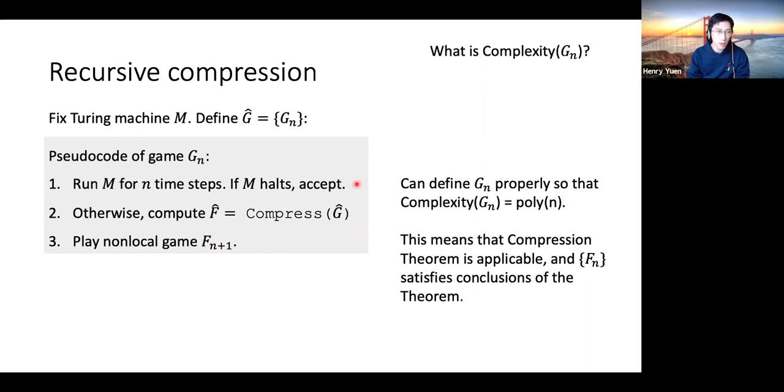Let's say we have an automatic abort switch at n to the 10 steps, for example. That's overkill, but when we define it that way, we know for sure each of the GNs does terminate in n to the 10 steps, regardless of its behavior.